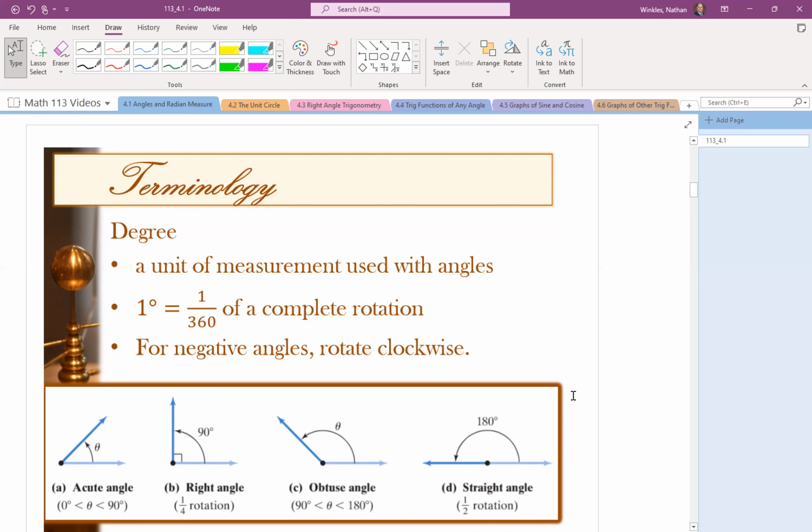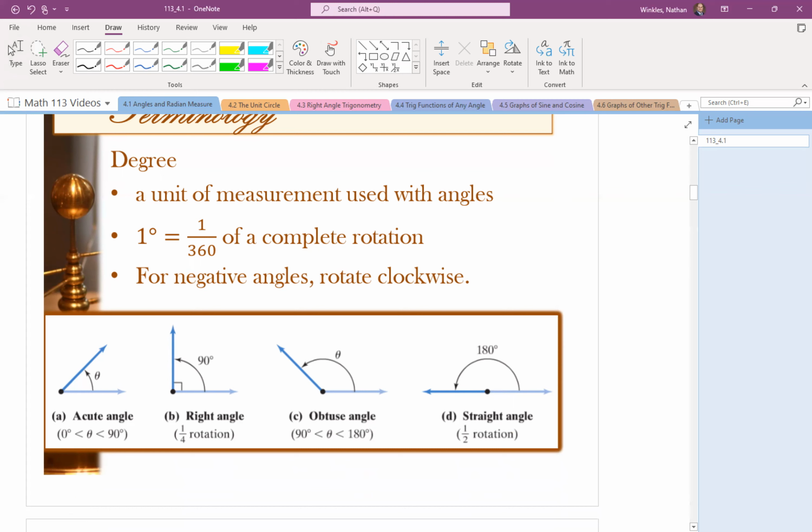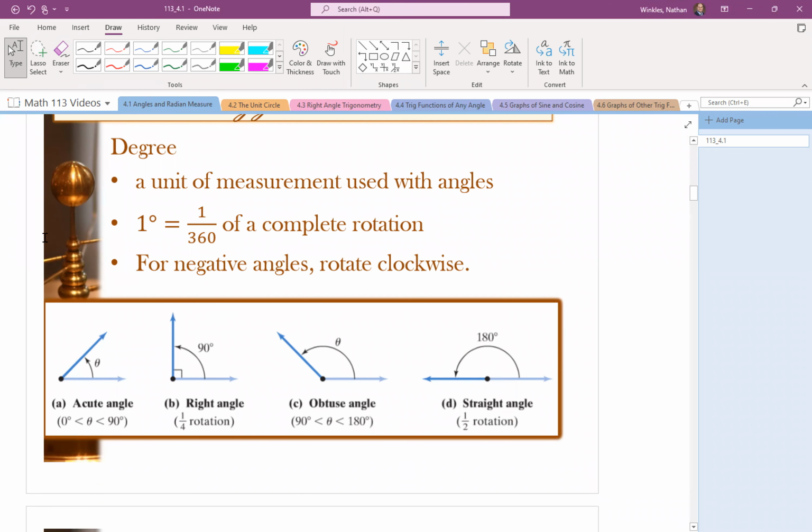So for an acute angle down here, an acute angle is any angle where our angle theta is greater than 0 degrees and less than 90 degrees.